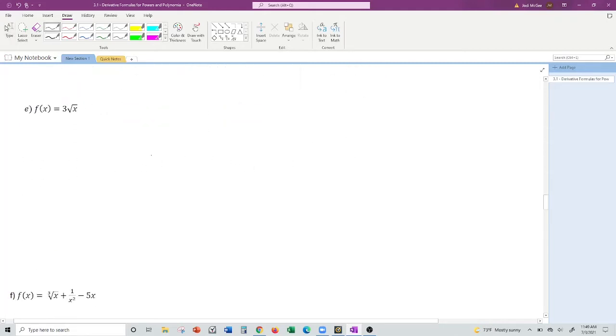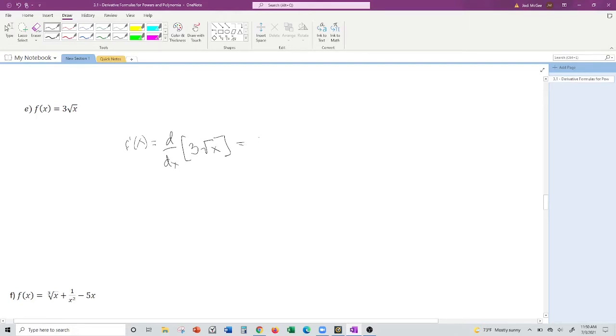Looking at part E, we have f prime of x is equal to the derivative of 3 square root of x. Well, how can we rewrite this?